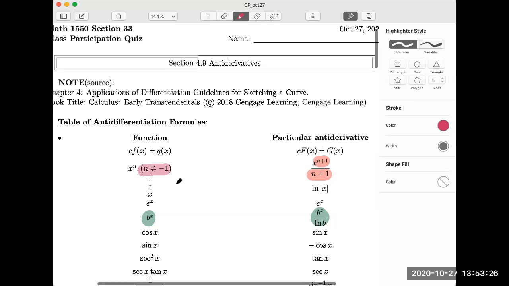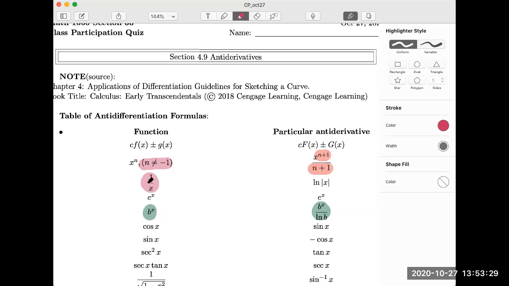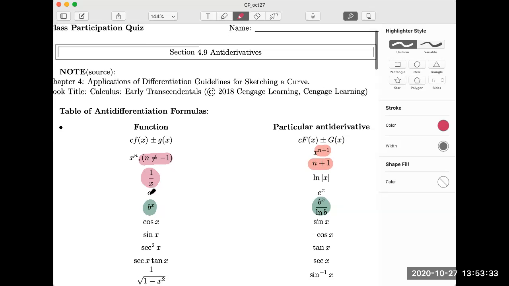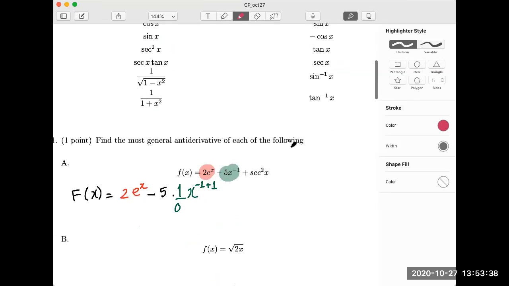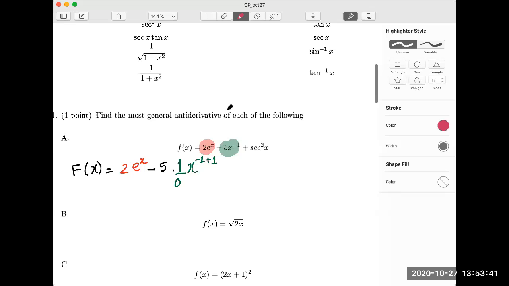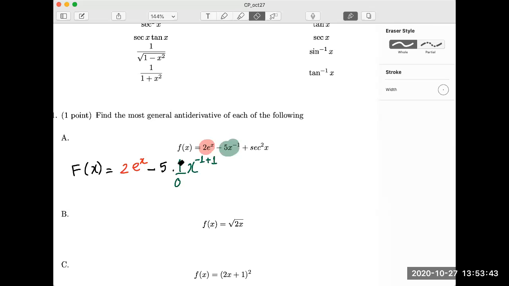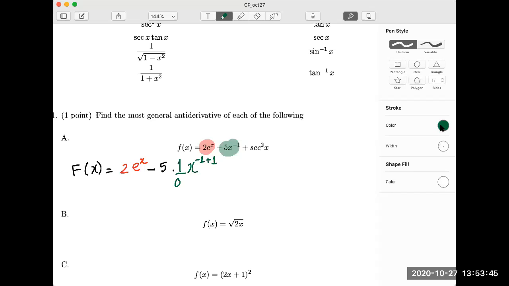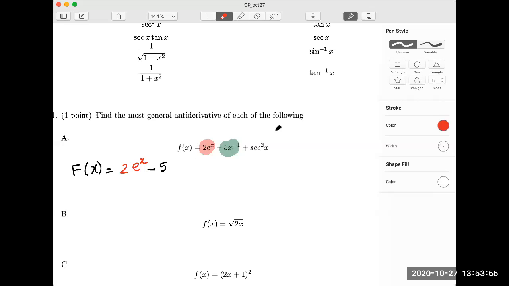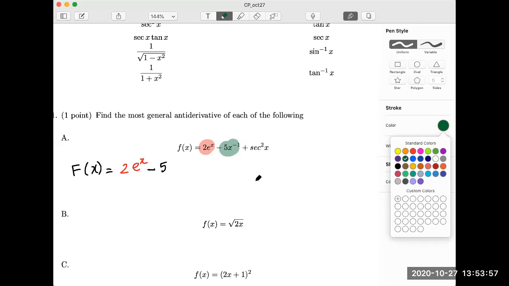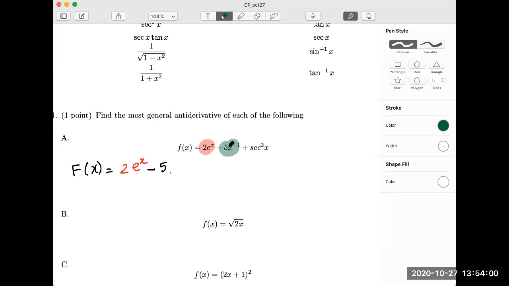When n is equal to negative 1, it is actually 1 over x right here, right? So this is the formula we should use in this case. So therefore, this is not a good way to compute it. So we should use the natural log formula. And what is it?